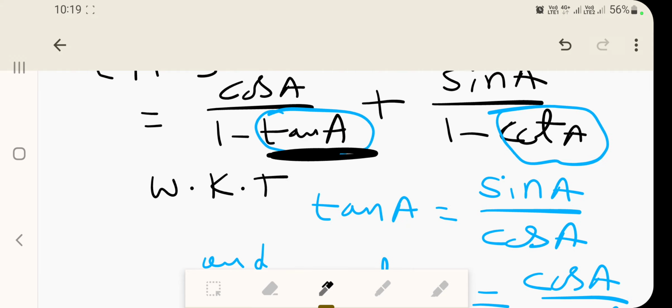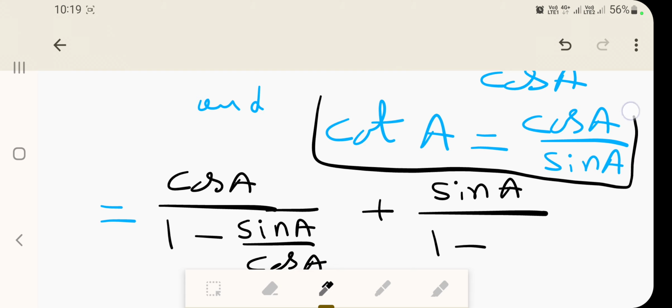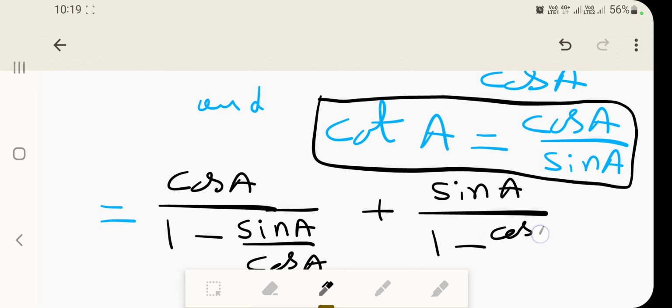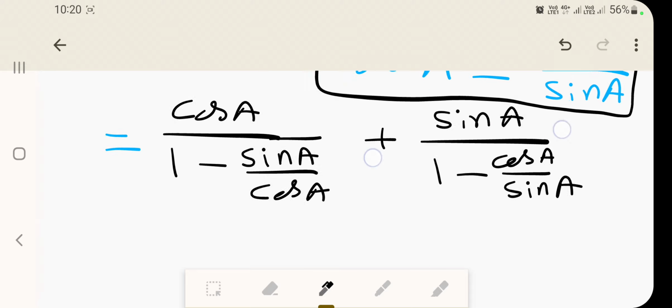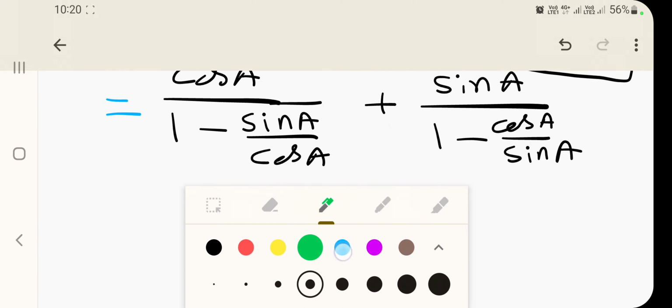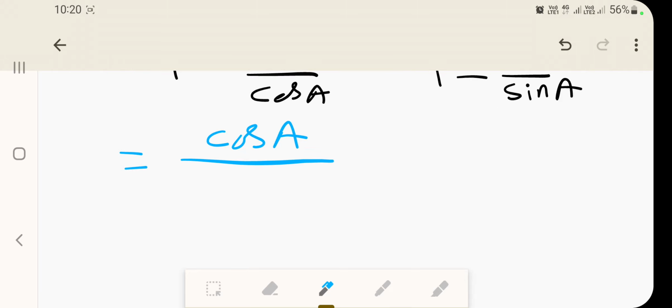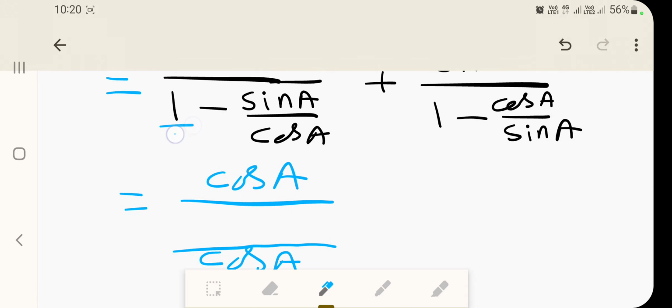It is given as 1 minus cot A, and we know that cot A, which is the reciprocal of tan A, is cos A divided by sin A. Now if you observe here, we are going to take the LCM in the denominator of both the terms separately. So cos A divided by, in the denominator of the denominator we have cos A as the LCM, and here we have 1 by 1.